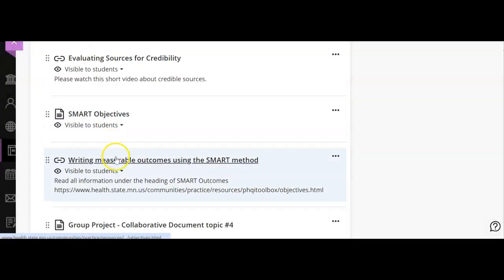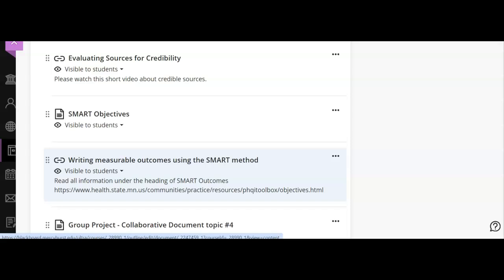The next part is an actual article about writing measurable outcomes using the SMART method. While you don't have to read the whole thing, start reading the information that you find underneath the heading of SMART outcomes. Again, these are resources for you to better understand how to write a SMART outcome and what that actually means.